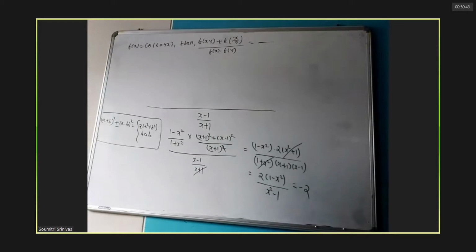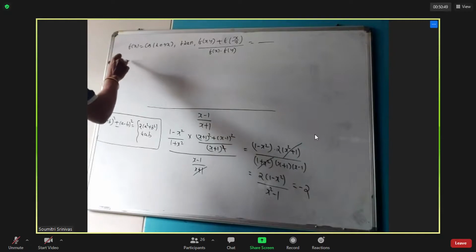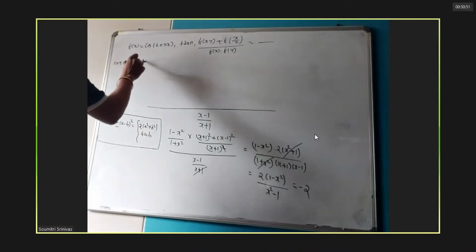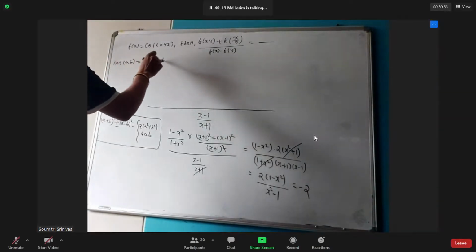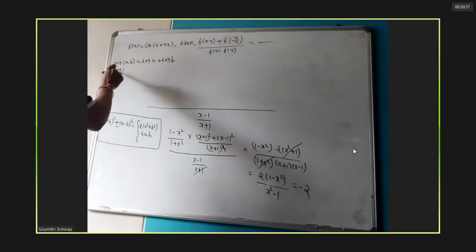There are two things here. What is log AB property? Log A plus log B. What is log of A by B?